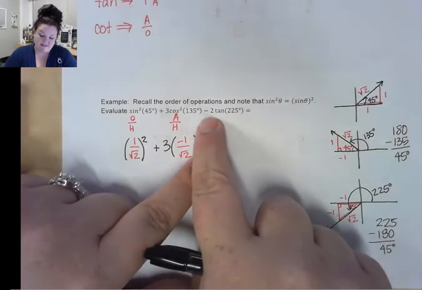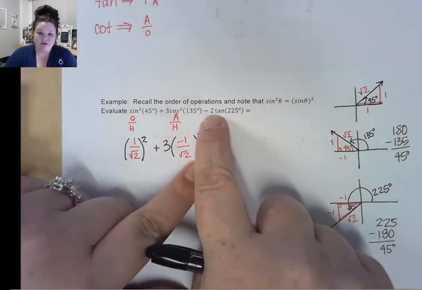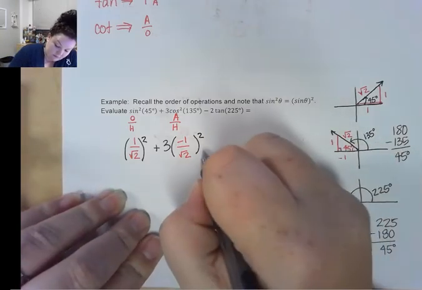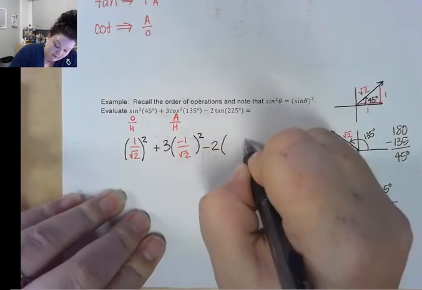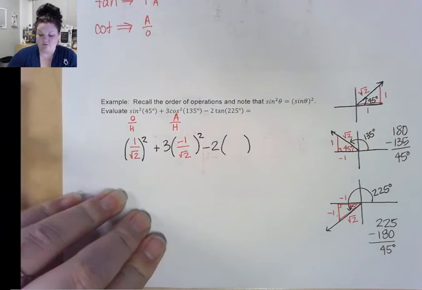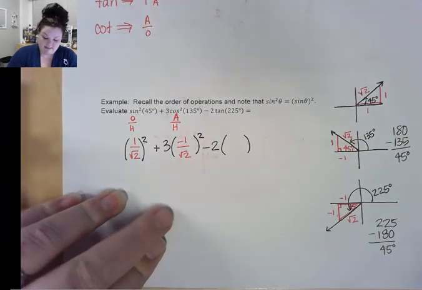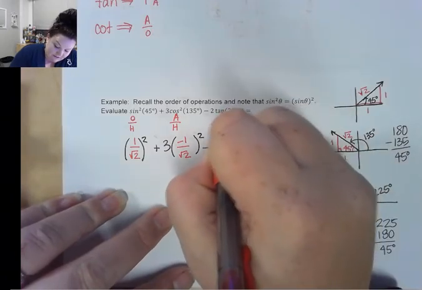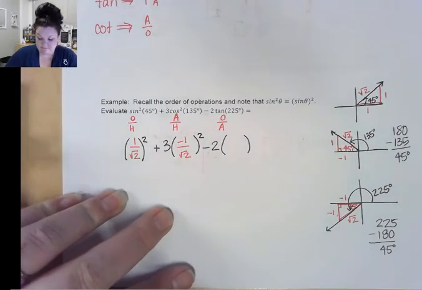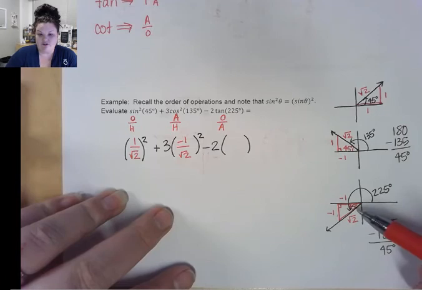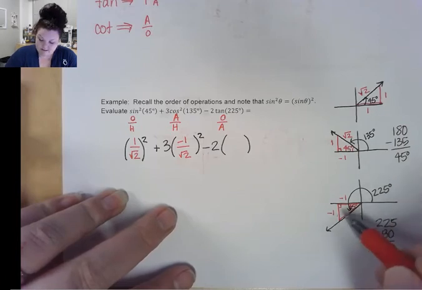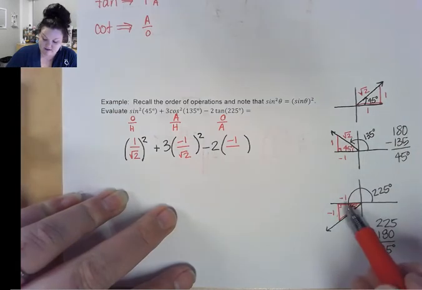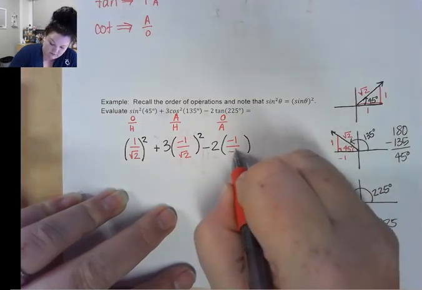This last piece is minus 2 times tangent of 225. So minus 2 times whatever the tangent of 225 is, right? Tangent, SOHCAHTOA, is opposite over adjacent. So I'm going to look at my reference triangle. Opposite is -1 over my adjacent value, which is -1.